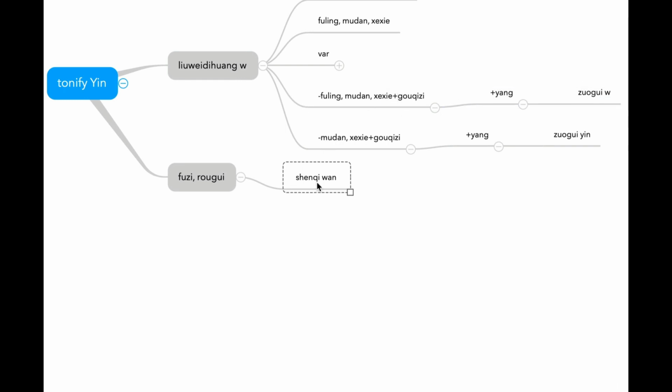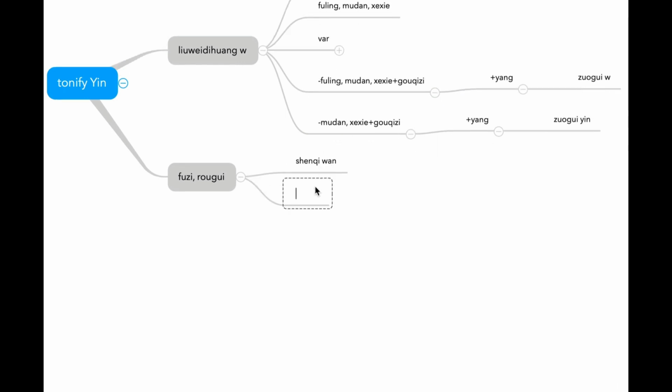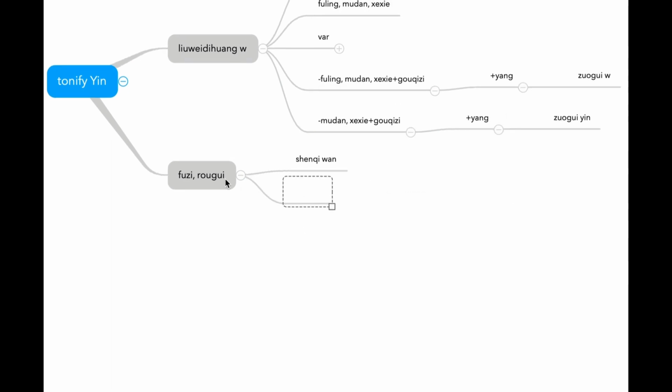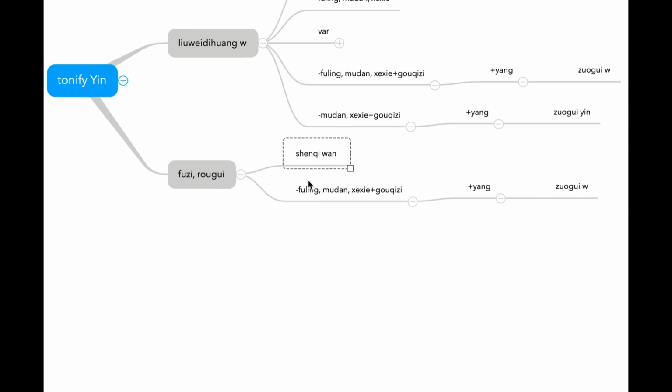In Shenqi, remove Fuling, Mudanpi, Zexie, gouqizi, everything, and add tonifying yang herbs like Duzhong and Tusizi.